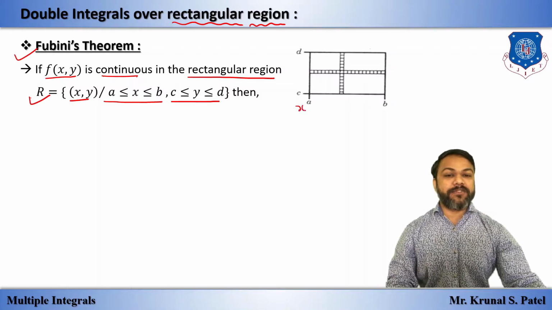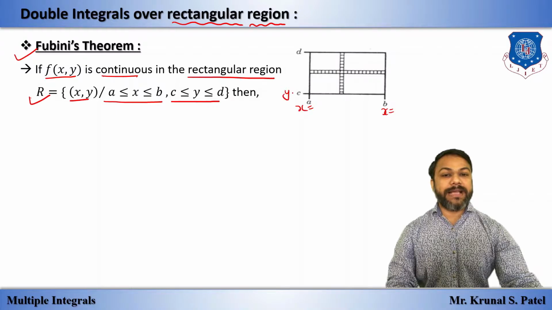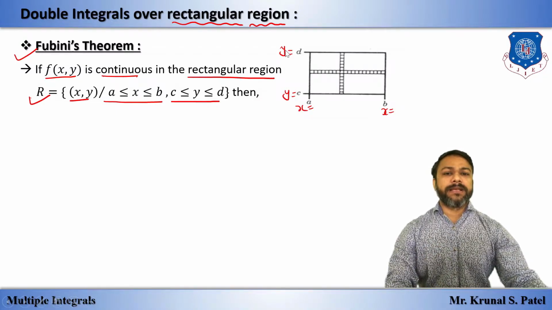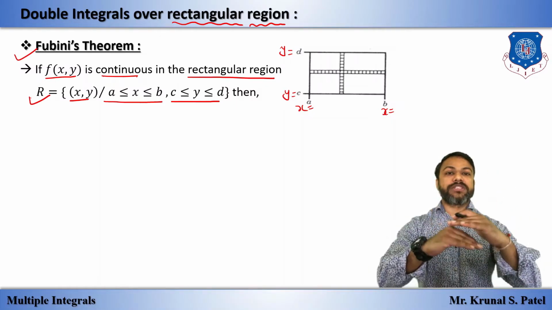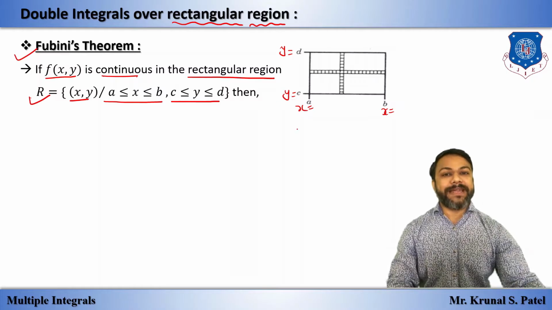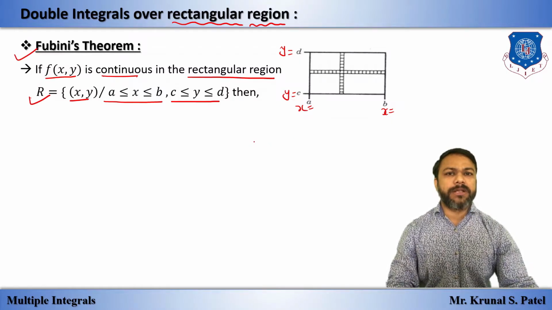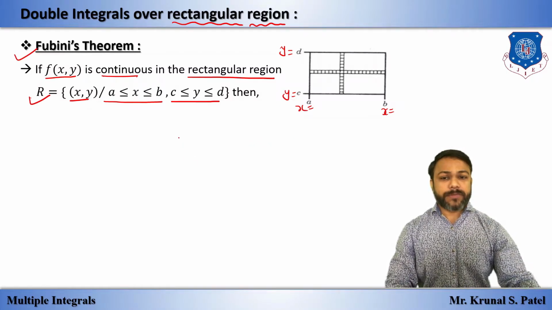This is x equal to a to x equal to b, and this is y equal to c to y equal to d. It is clear that this is x and this is y. These are lines, and lines are given by numbers, so it is a constant limit.